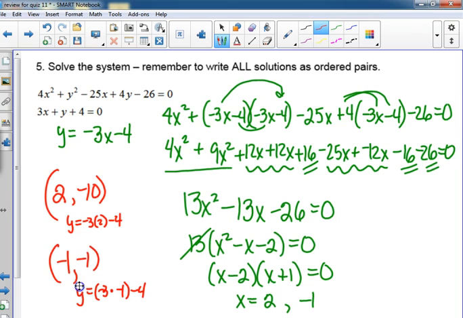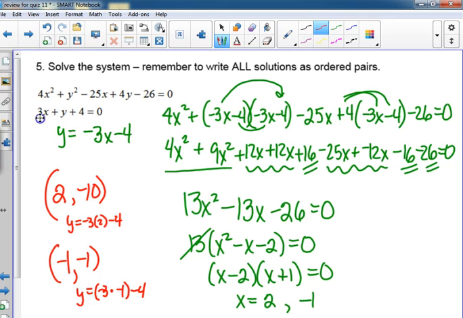Did you get a negative 1 there? Okay. But do you understand what I'm saying? You can't put 2 with -1 as one of the x's and the other y. It won't work when you plug it back in, okay? Now, if you got time, yes, you can check this in both equations, right? It's not going to be a good time, but you could.